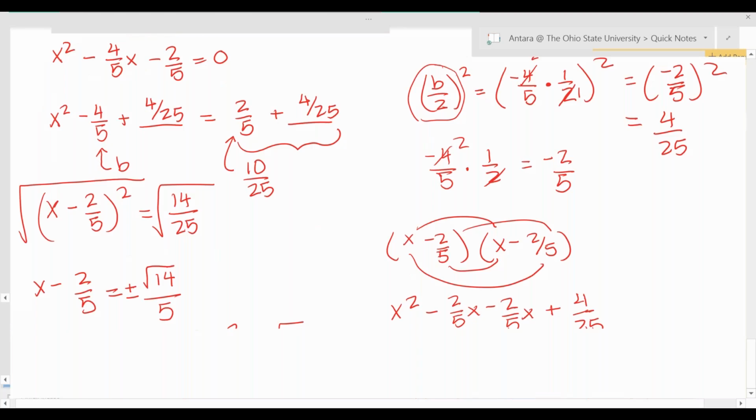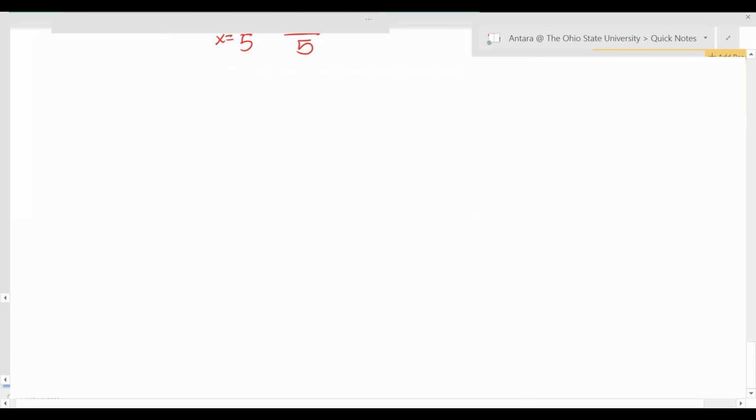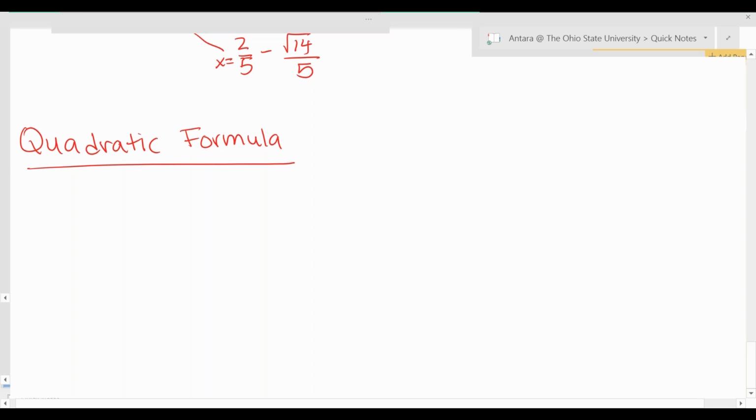So the equation we want for this quadratic formula is negative 5x squared plus 7x equals negative 9.